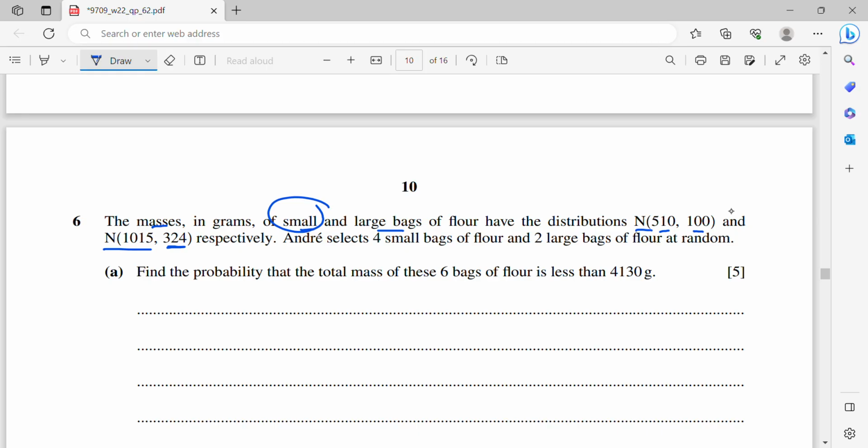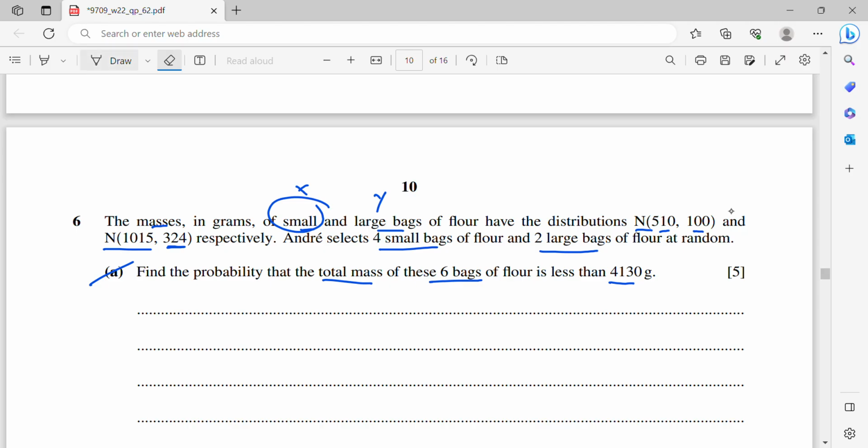Andrew selects 4 small bags of flour and 2 large bags of flour at random. Part A: find the probability that the total mass of these 6 bags of flour is less than 4130. Now I will write X for small, and Y for large. So your X is, or probably I will just write S.